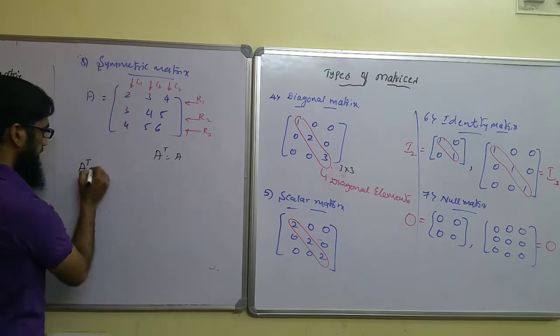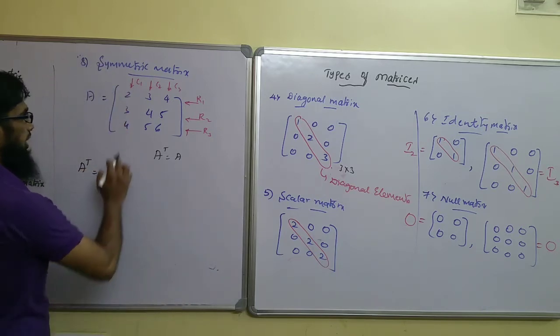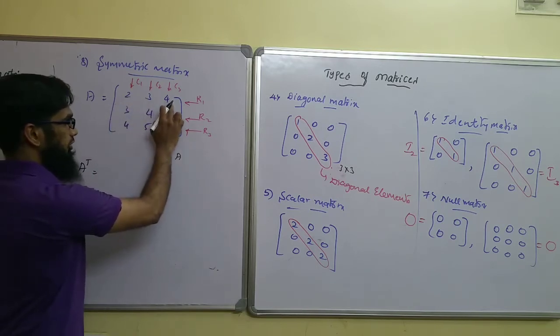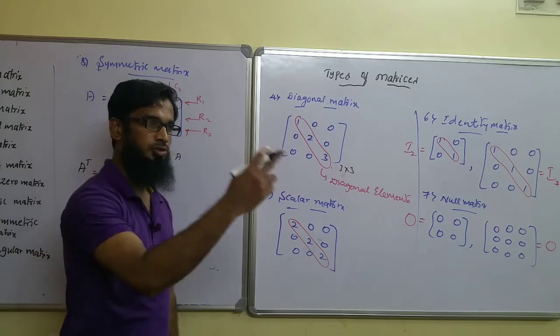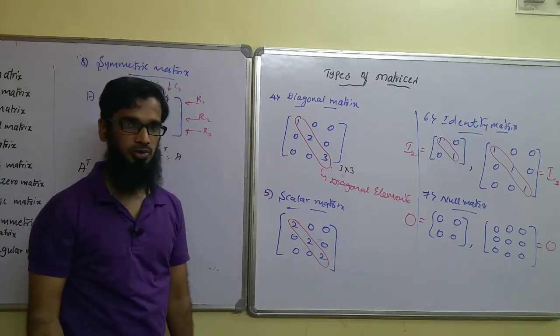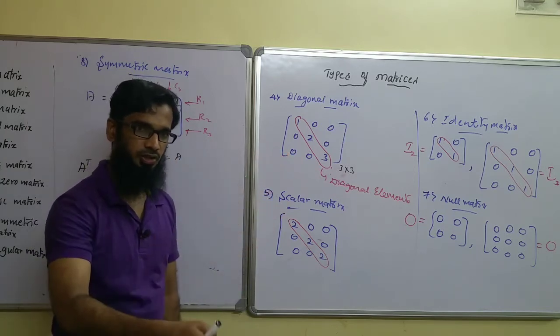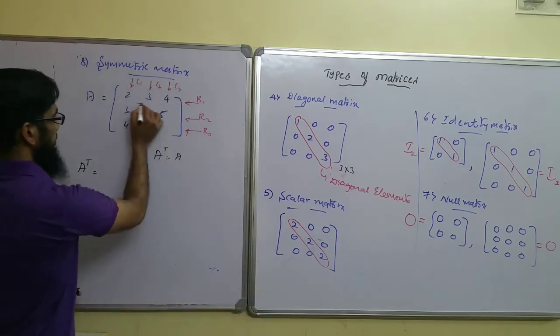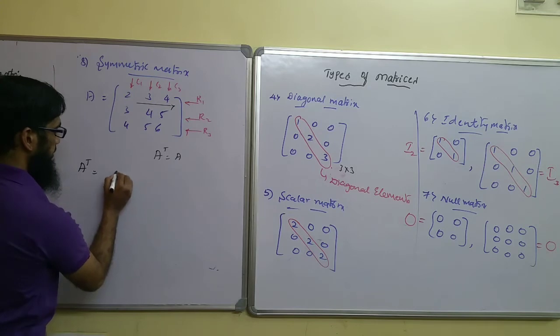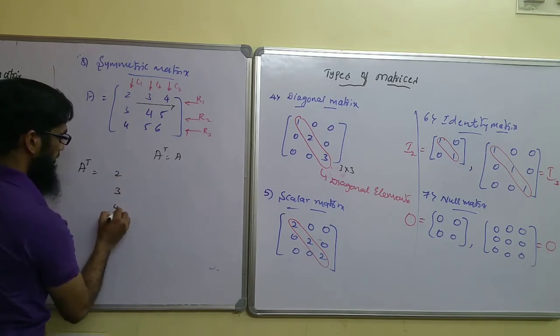Now the transpose of matrix A is nothing but, I need to write each row as a column, meaning interchange the first row to the first column, second row to the second column, third row to the third column. The first row I'll write as the first column, that is 2 3 4.